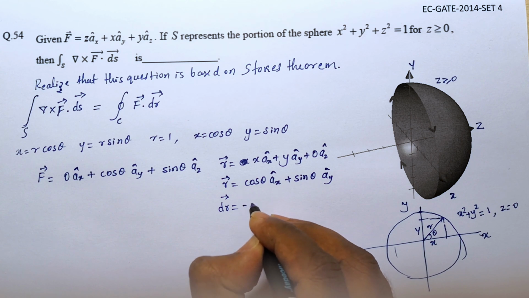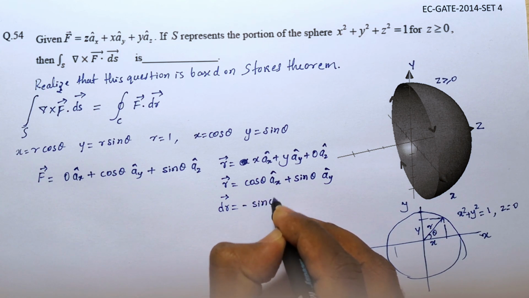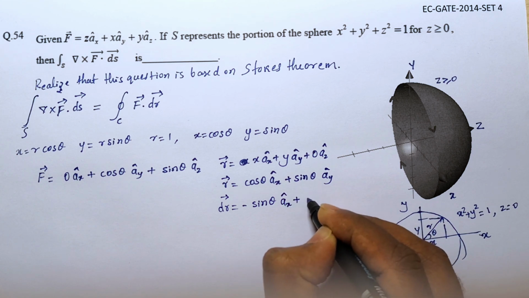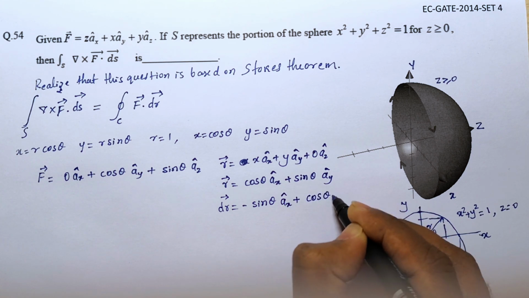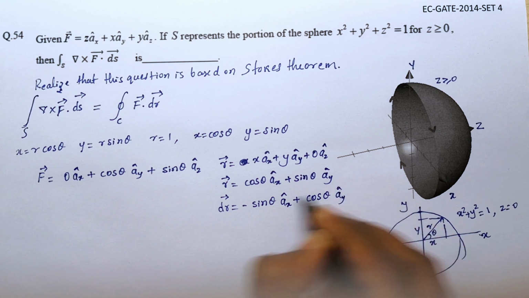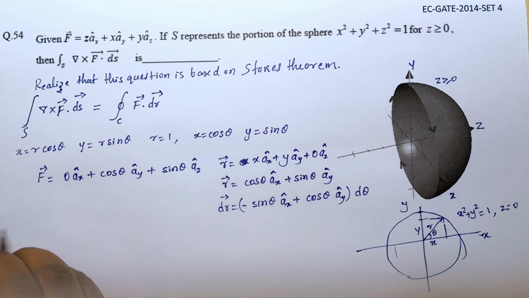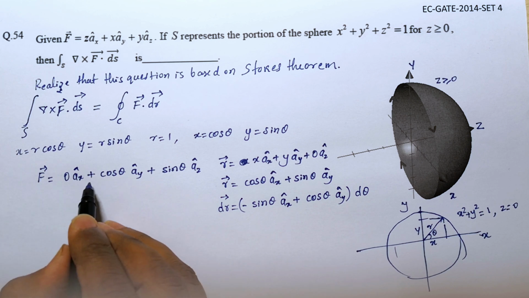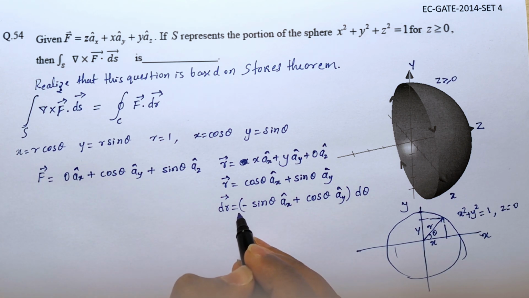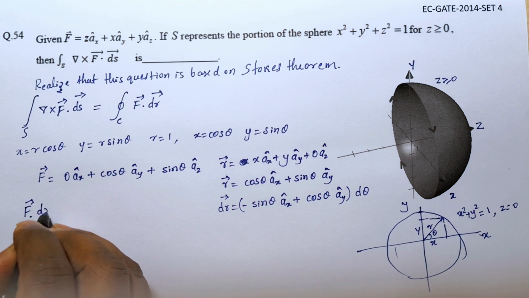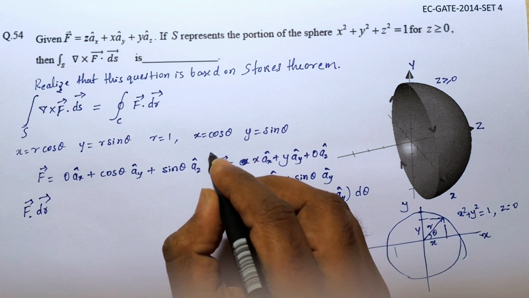So it is minus sin theta a_x plus cos theta a_y, and we have d theta outside. Now we have this vector and the dr vector together, so let us find F dot dr. The 0 terms cancel out. So it is cos squared theta, since a_y dot a_y is 1, and the sin theta a_z term is also 0.